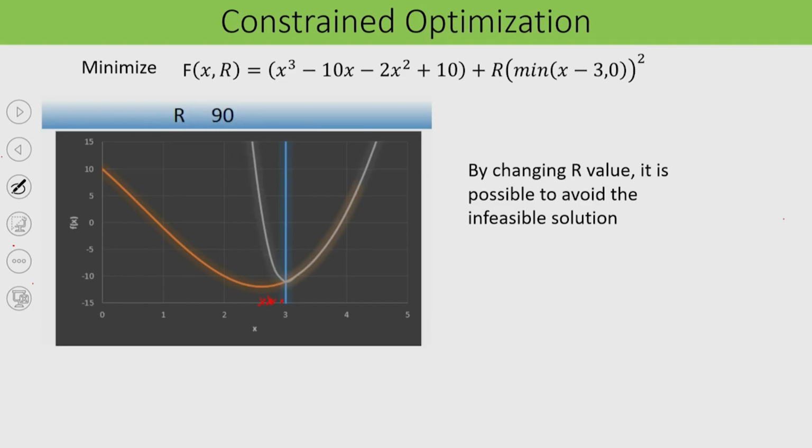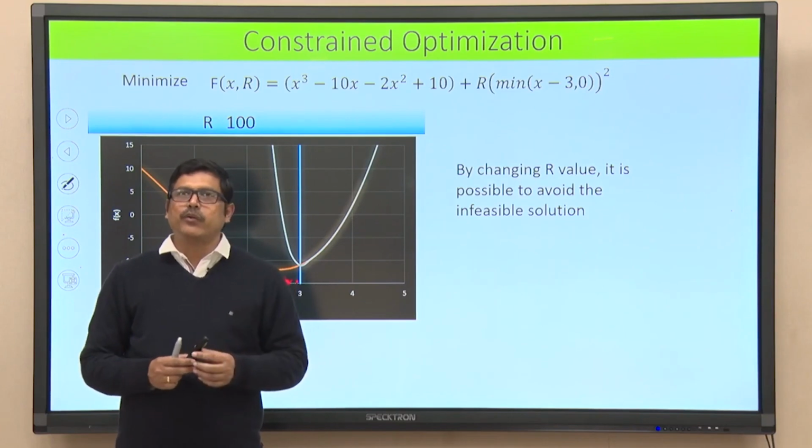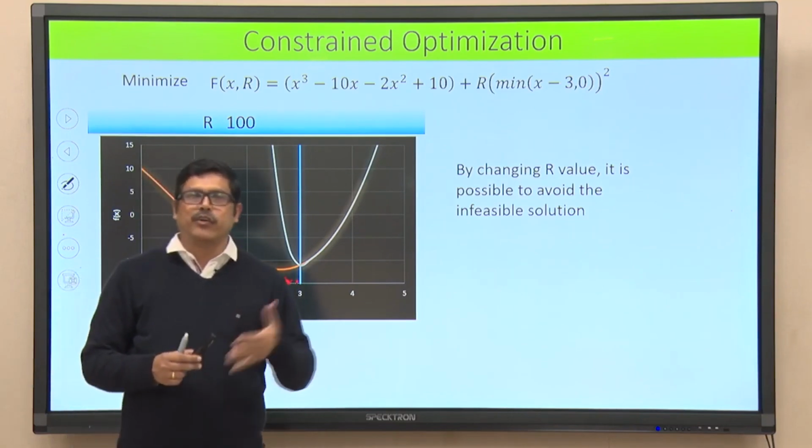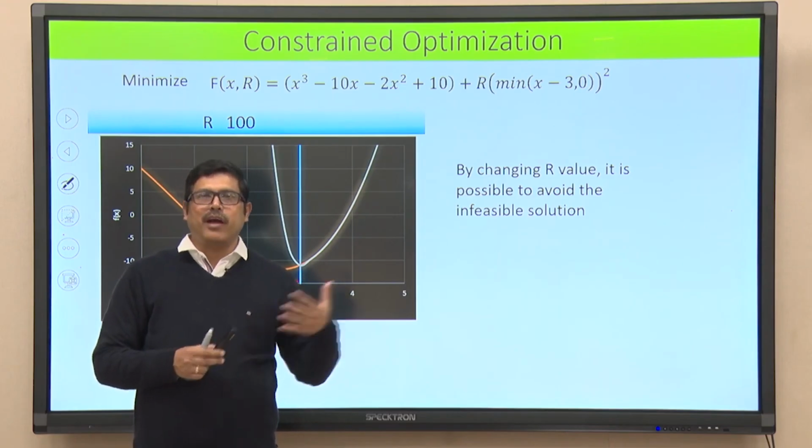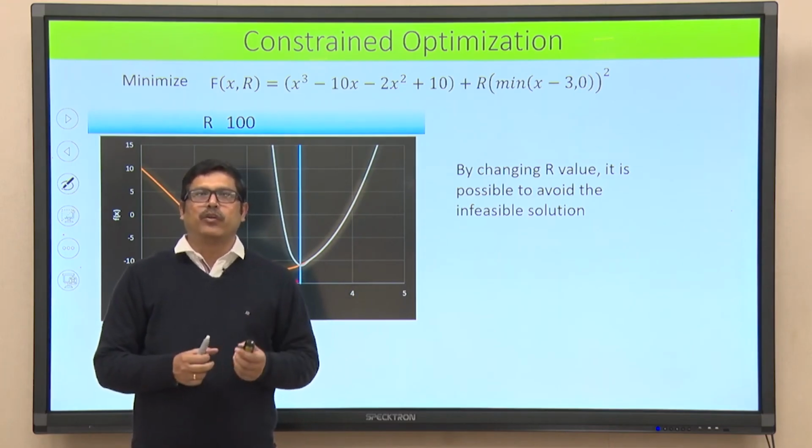So, therefore, in this method, what you have to do is use a very high value of r, a large value of r. Okay. But the question is that we cannot use a very large value initially. If you are using a very large value initially, the gradient will be very steep and your gradient based algorithm will not work.